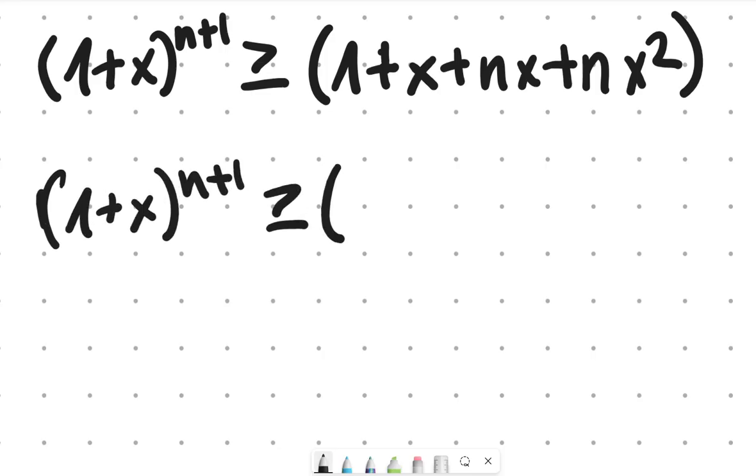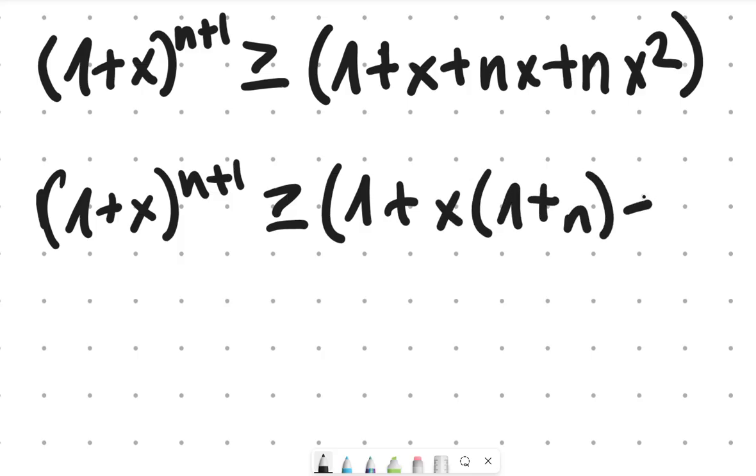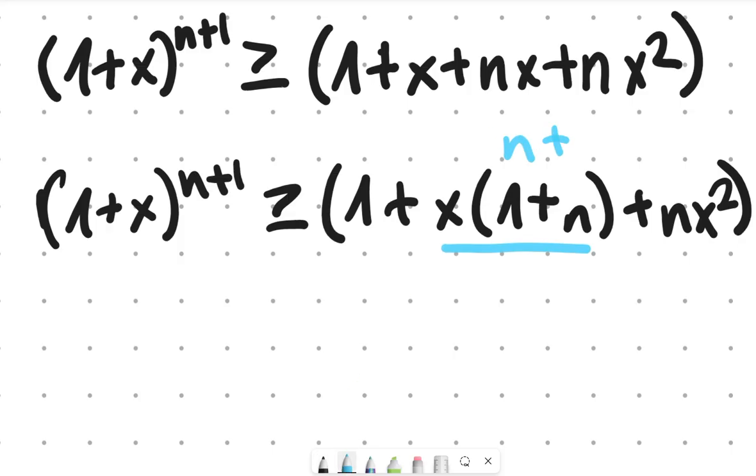So we have bigger or equal to 1 + x times (1 + n) + nx². Why am I doing this? This is what I actually wanted to do. I wanted to have the n + 1 because 1 + n is n + 1. And we have the x and the 1. So we are almost there. We just have to get rid of this.